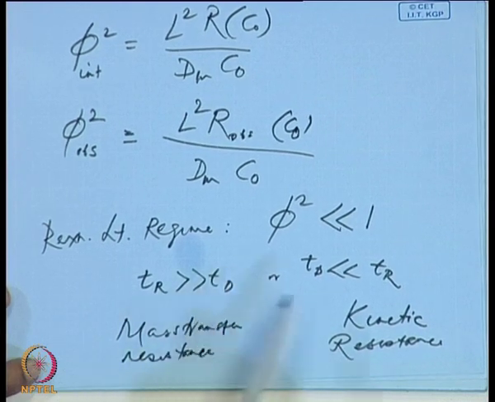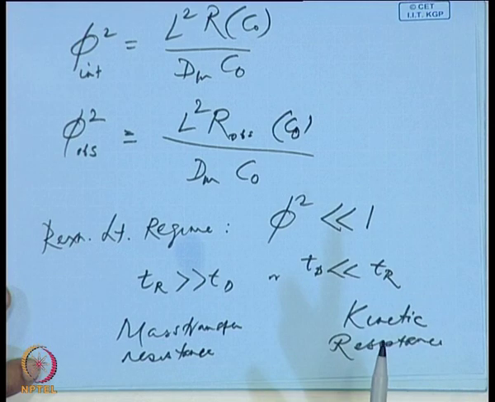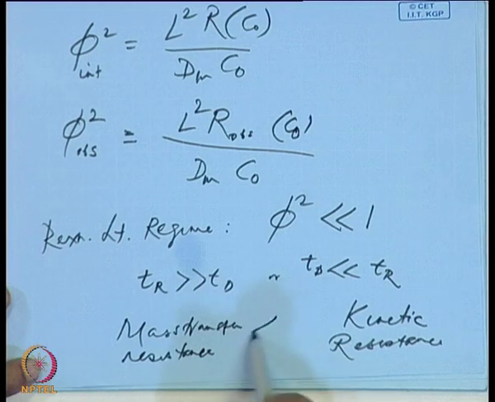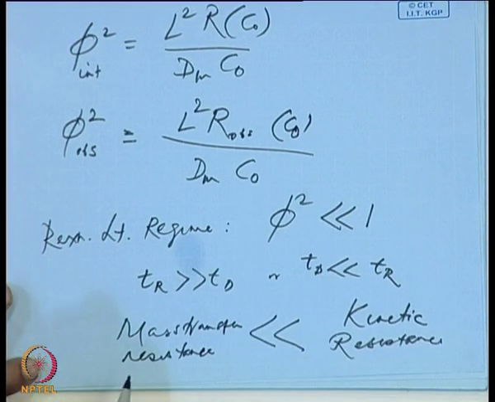Why is that? Because mass transfer time is very small. So, if time is very small, then time is inversely proportional to resistance. So, if mass transfer time is very small, then mass transfer resistance is much lower. Okay. So, if mass transfer resistance is much lower, then what is the relationship between the observed reaction rate and the intrinsic reaction rate?